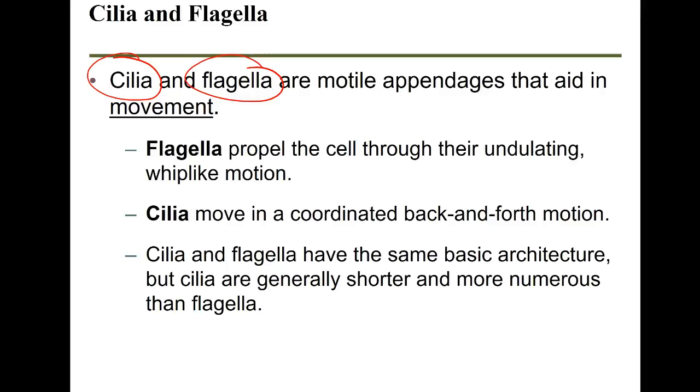Flagella, and flagellum is the singular. Flagella propel the cell through a back and forth, whip-like motion. Cilia also have a back and forth motion. It's a little smoother, but we will look at some pictures of this as well. They have the same basic structure, but cilia are shorter and more numerous.